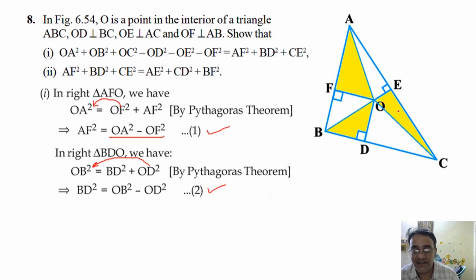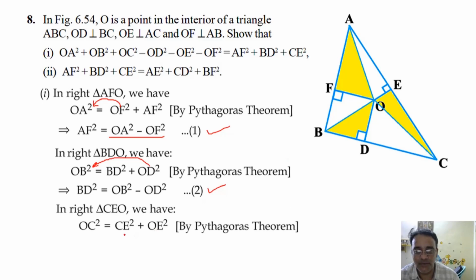Now the third triangle CEO, OC square is equal to CE square plus OE square. Here also we'll shift OE square to this side, and it will become minus. So CE square is equal to OC square minus OE square. Let it be equation number 3.